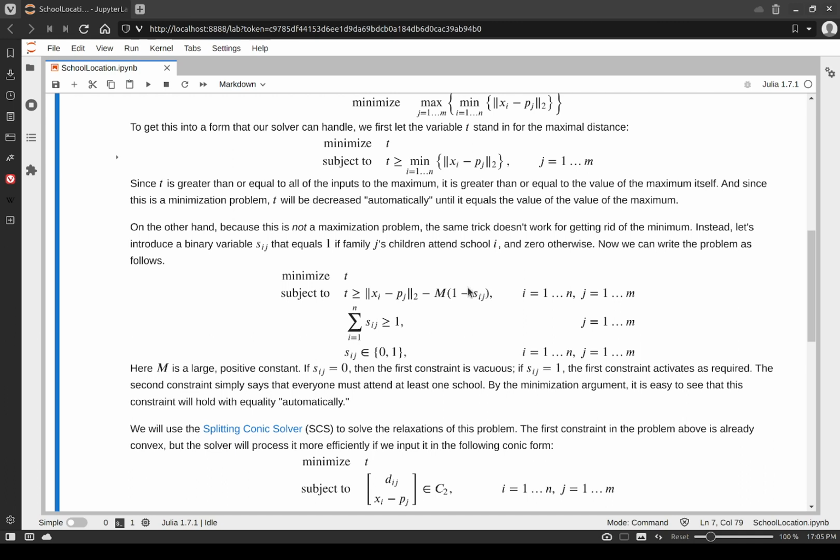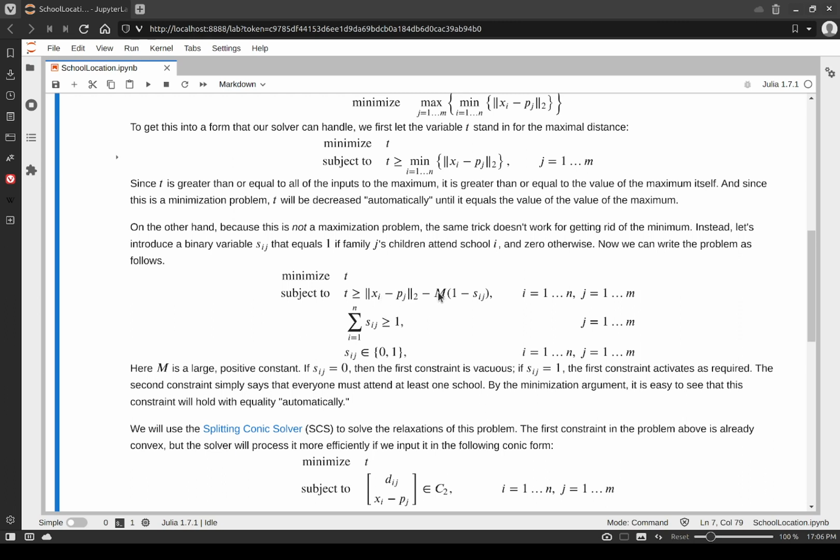Once we've done that, then we know that at least one of these Sijs is going to be a 1. And if a 1 occurs here, then that means that this family j is actually attending school i. And this value is going to become 0. And we will correctly have t being greater than this family's distance that they're actually commuting to go to school.